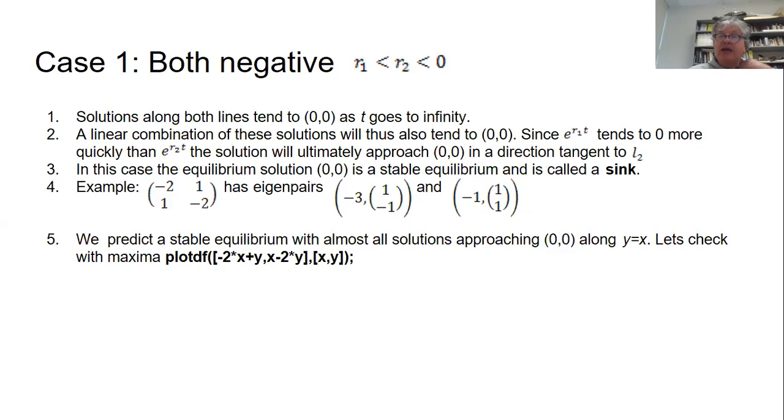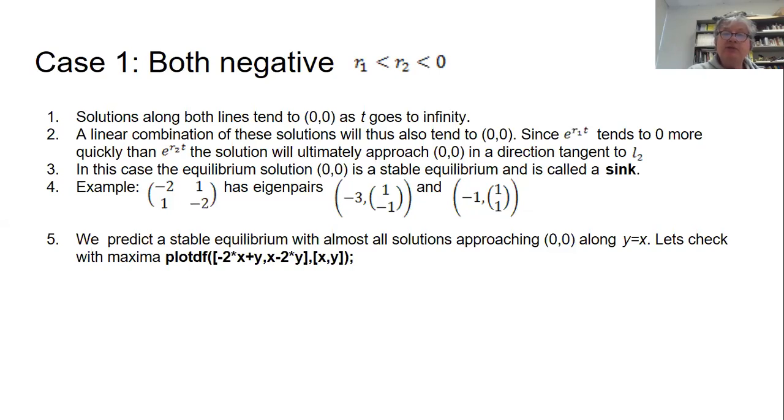So as we get closer to the origin, if we've got some non-zero linear combination of those two solutions, it's going to be dominated by e to the R2t because R2 is greater than R1. Okay, so all solutions go to the origin.